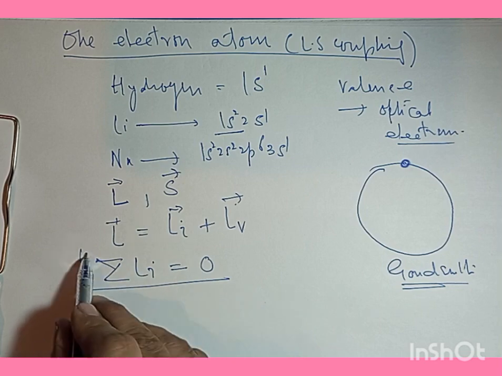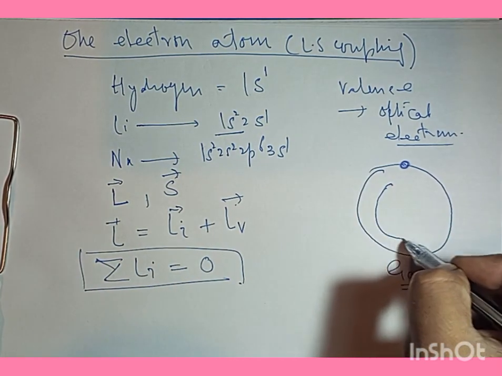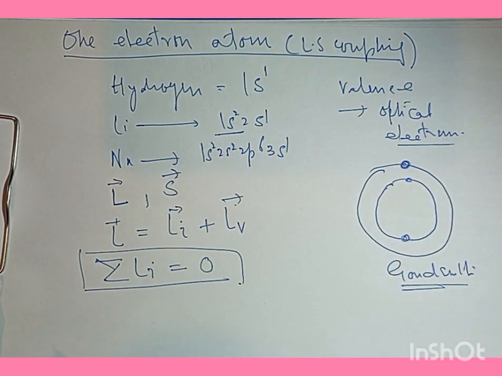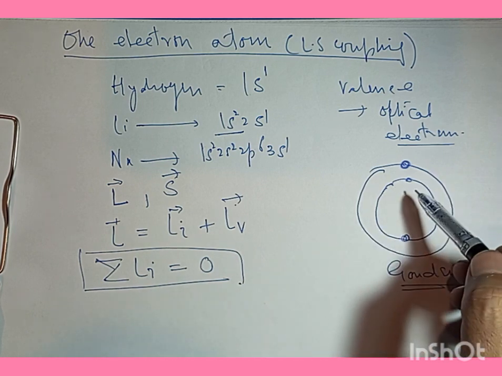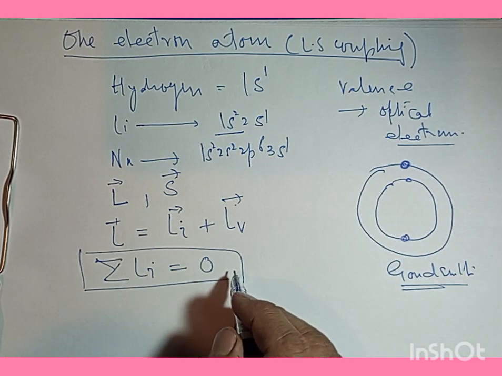Or in other words, the vector sum of the angular momenta due to the inner orbit electrons cancel out, and the total orbital angular momentum due to these closed shells, the shells that are completely filled, is equal to 0.